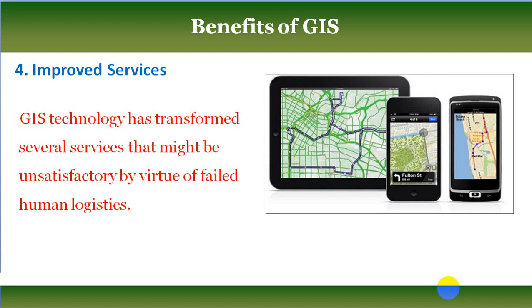So in a lot of services, like home delivery, healthcare, Ola, Uber, and car renting services, they use GIS for handling locational data, for improving their service and their efficiency.